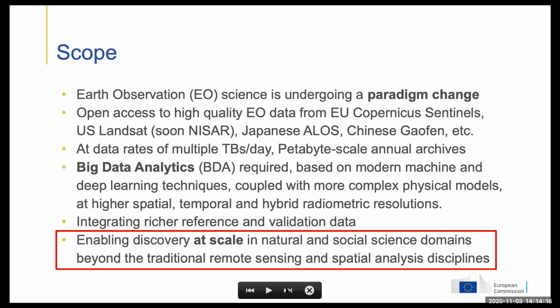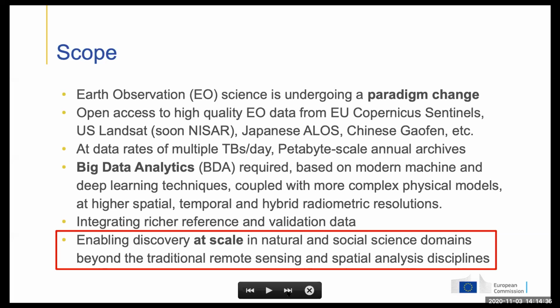And what we see now is, with the advent of new open sensors like the Copernicus Sentinel program, and of course already the existing Landsat program, but also increasingly outside Europe and the US, the Japanese ALOS program.